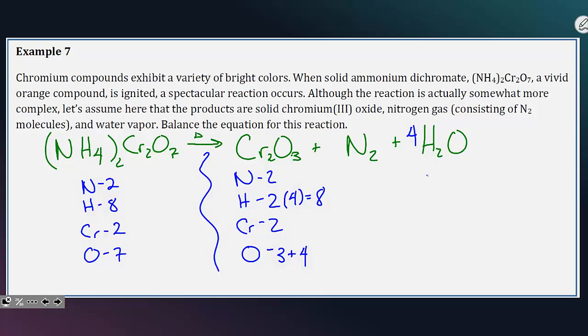Looking on to chromium, 2 chromiums becomes 2 chromiums, and we started with 7 oxygens, and that 4 gives us the 7 oxygens. So this is balanced with the coefficients 1, 1, 1, 4.